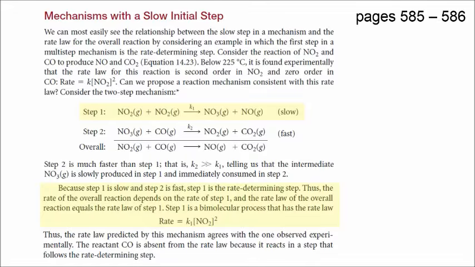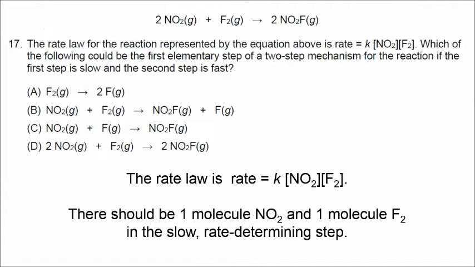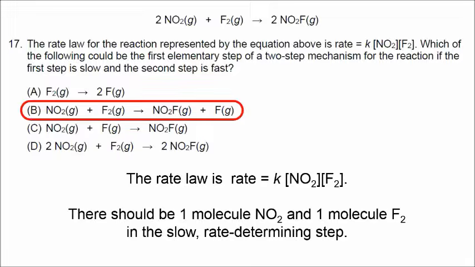That wouldn't have told you that it's second order with respect to NO2. Let's focus on the slow step. So here, if the rate law is first order with respect to NO2 and first order with respect to F2, there should be one molecule of NO2 and one molecule of F2 in the slow rate determining step. So therefore, choice B, which has exactly those requirements, is the correct answer.